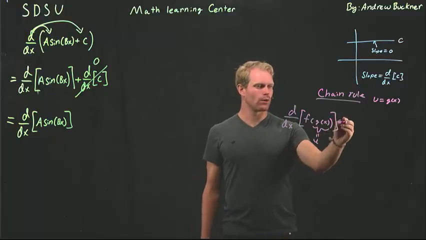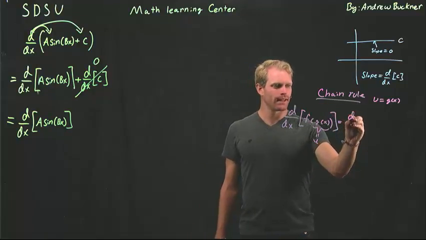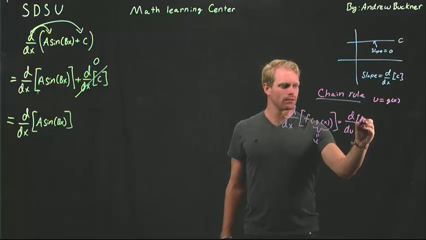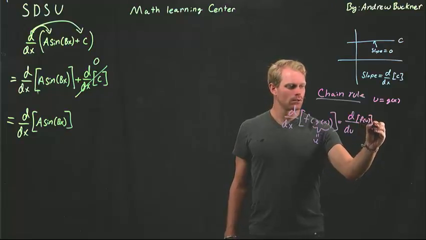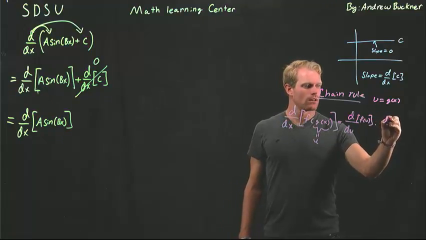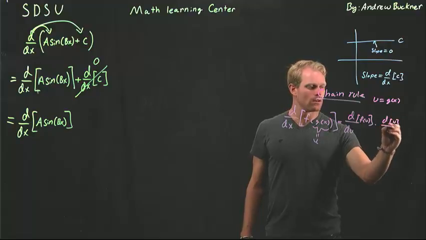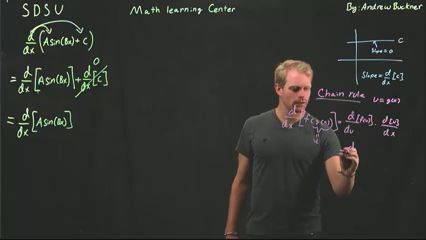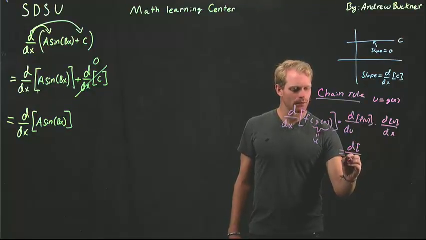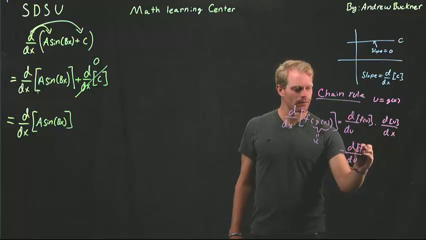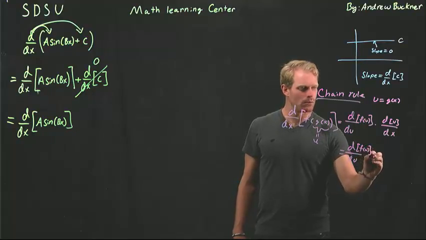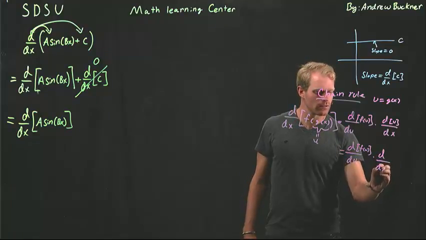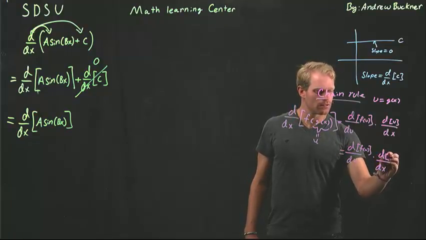So when I take the derivative, I now have the derivative with respect to u of f of u multiplied by the derivative of u with respect to x. And then when we substitute in g of x, we get the derivative with respect to u of f of u multiplied by the derivative with respect to x of g of x.